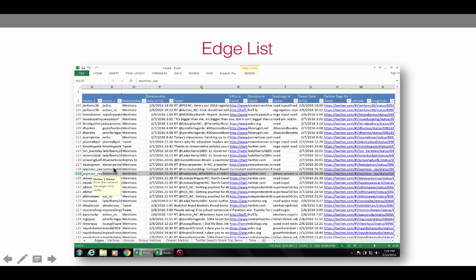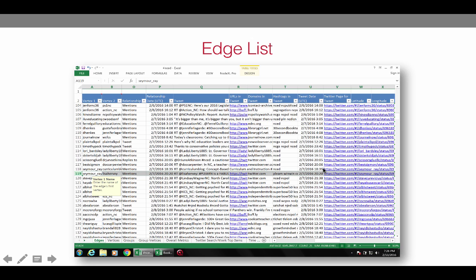One of the things that I like about an edge list as opposed to a matrix is that we can store information about the relations between these people. So in this case, we can define whether it's a tweet, whether it's a reply to, whether it's a mention, but we can also collect information like date, the content of whatever the relationship is. This is especially useful in communication networks.